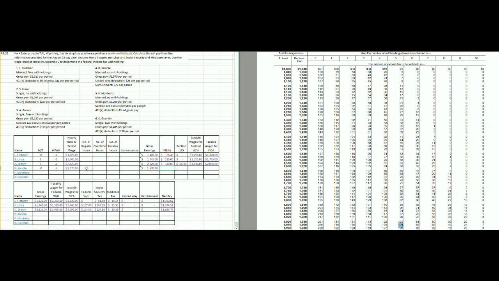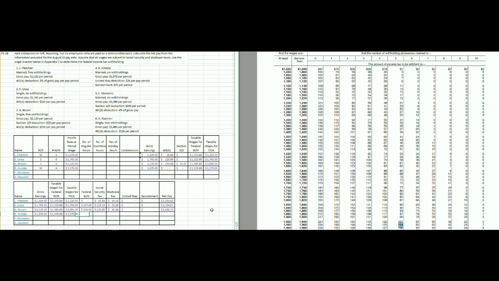He has no contributions to either Section 125 or 401k, so his taxable income is going to be gross earnings without any adjustments, for $1,570.